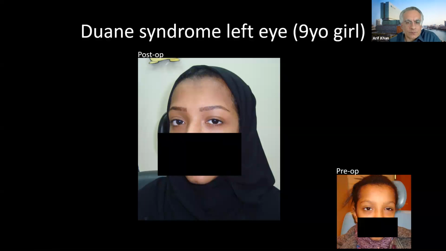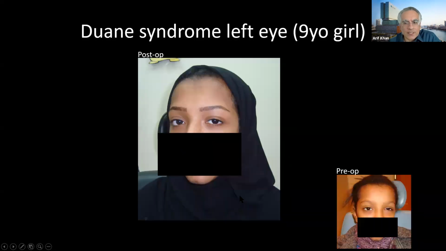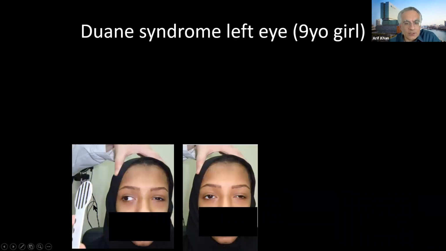So when her head is held straight ahead and she's forced to look straight ahead, this eye is out. That's why she likes to turn her face to the right, so this eye can be aligned with this eye. And when we make her look this way, here's that tug of war between the lateral rectus and the medial rectus. The medial rectus has no chance, and she cannot adduct that eye.